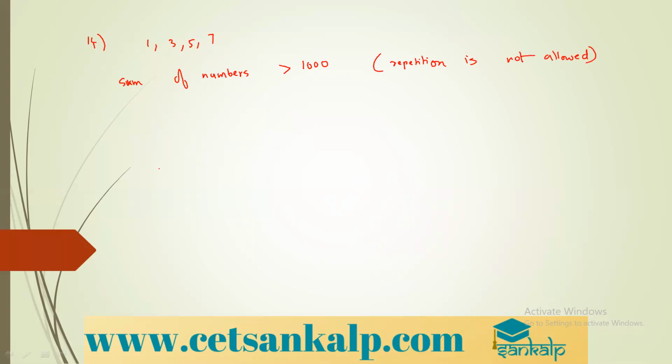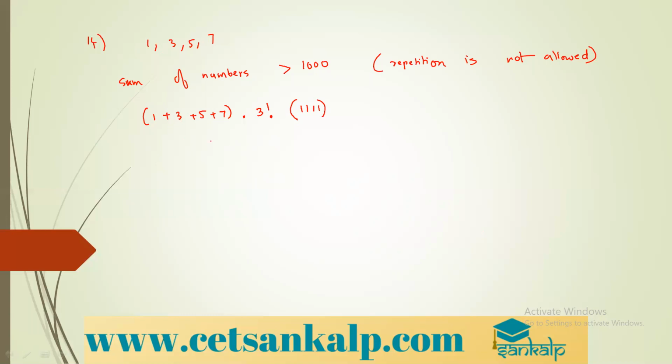You know there is a formula for this. Already in the shortcut method I told you. First you take all these digits and add them. Then because there are 4 digits, you take 4 minus 1, 3 factorial. And then because there are 4 digits, you write 4 ones and multiply.